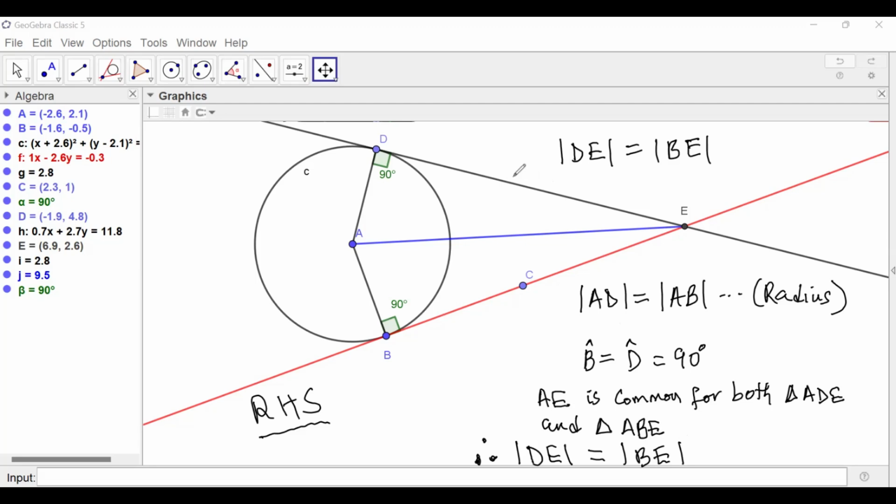So here we have demonstrated that these tangents drawn from external point E are equal in length. Now, this is a very classic demonstration that stands for all.